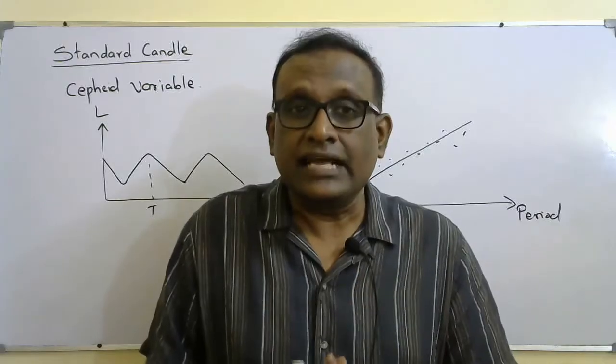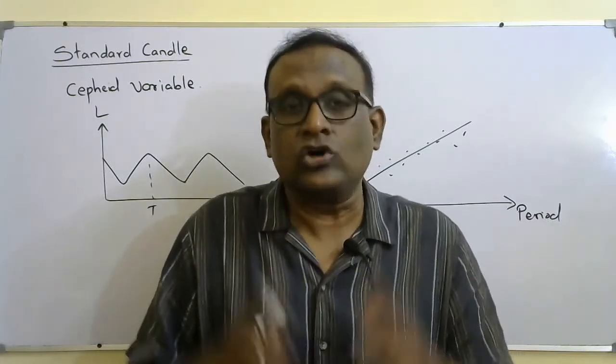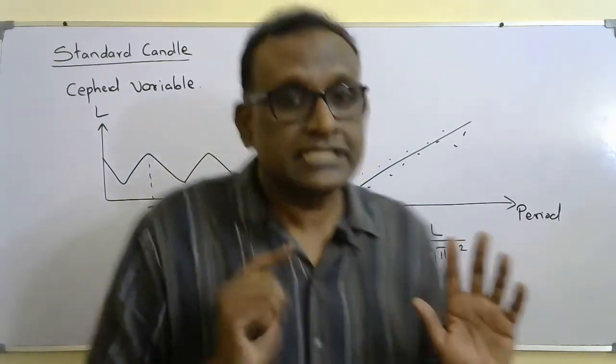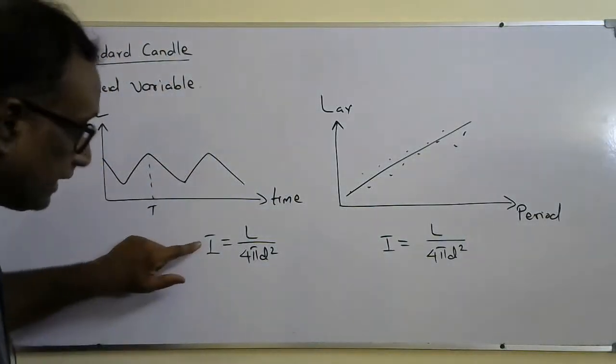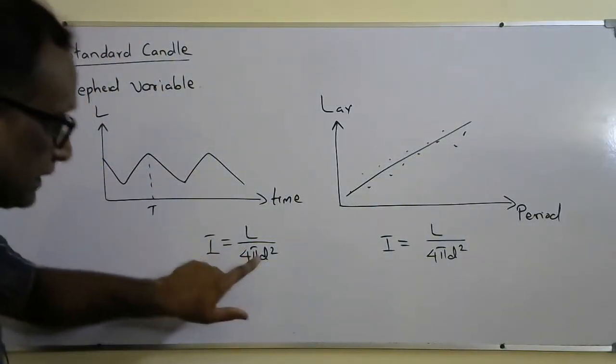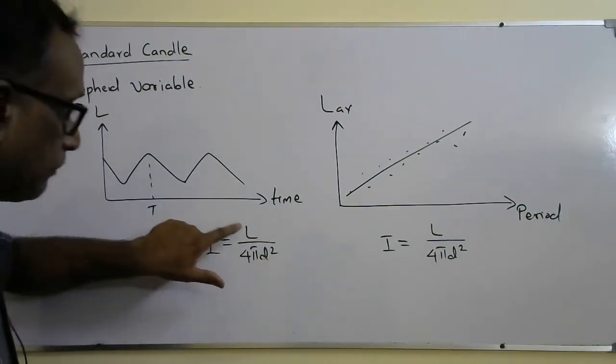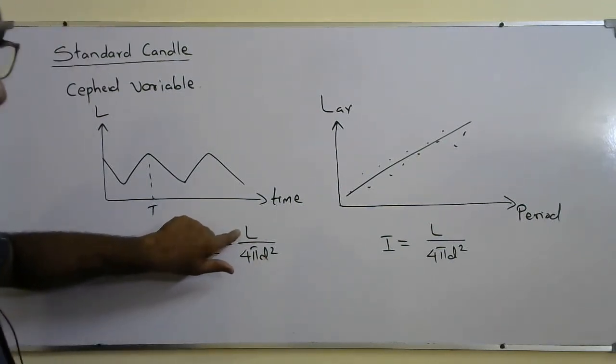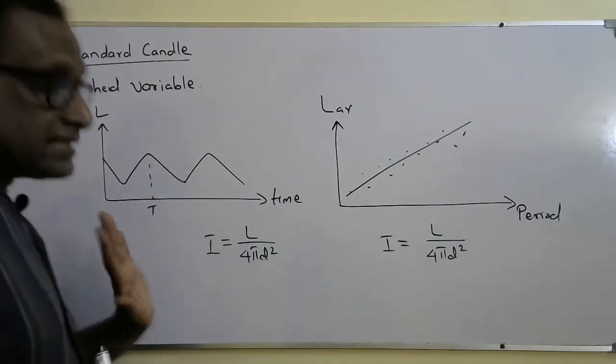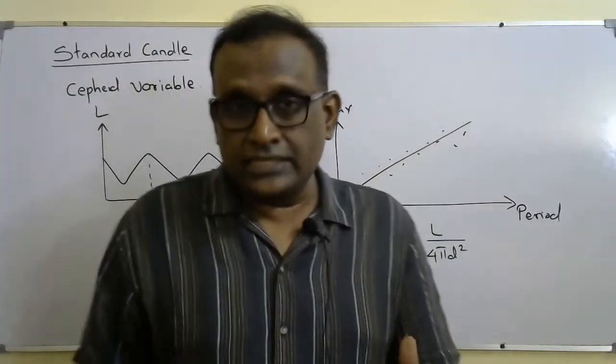We can measure their average intensity or average radiation flux. Since we are able to measure their average intensity and their distances by using the trigonometric parallax method, we are able to measure their average luminosity. There are several Cepheid variables closer to us, as I told.